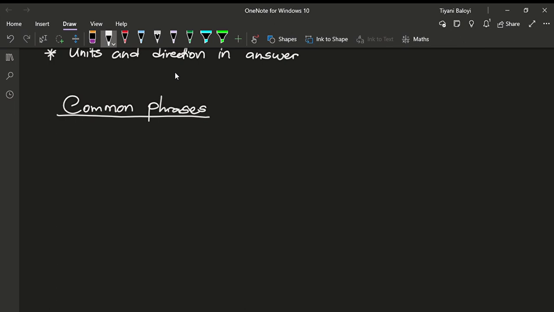So let's say, for example, they say the object is starting from rest, right? What does this mean? It means that the initial velocity is equal to 0 meters per second.